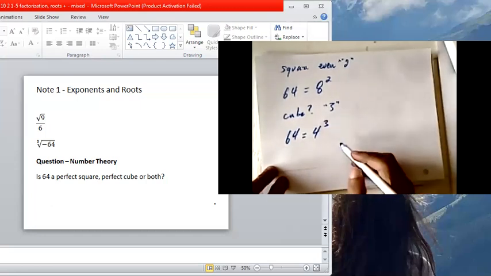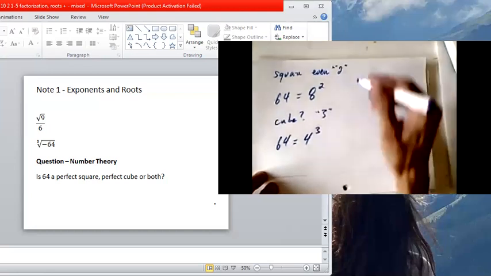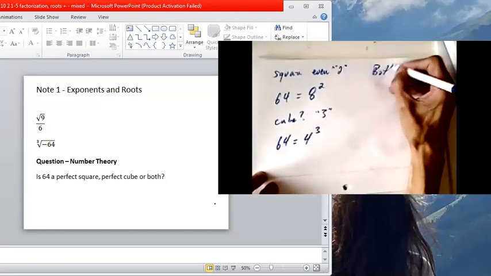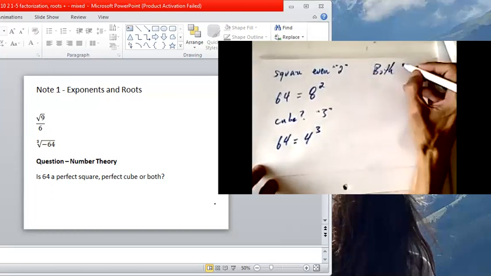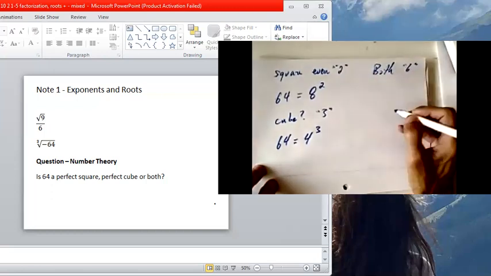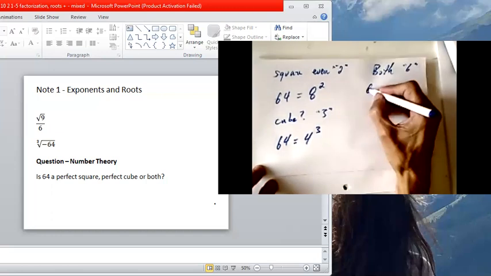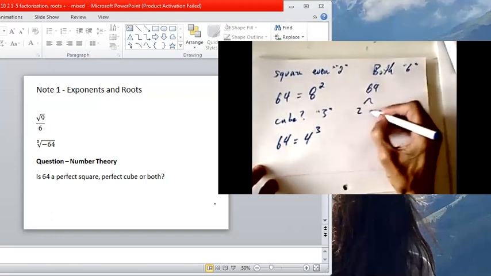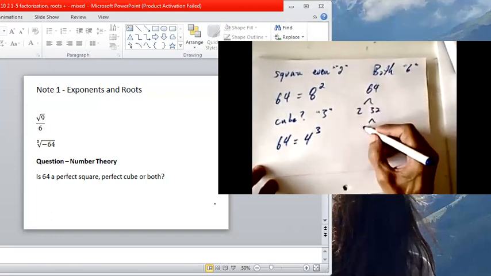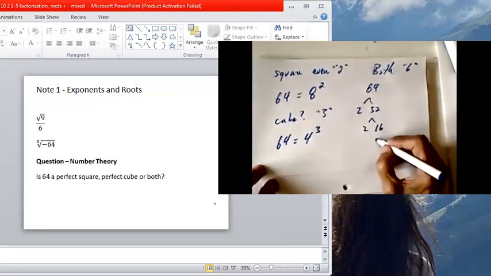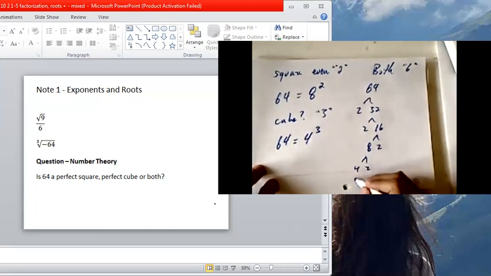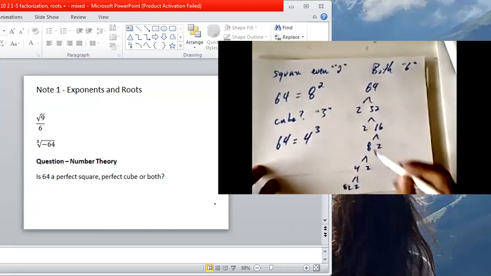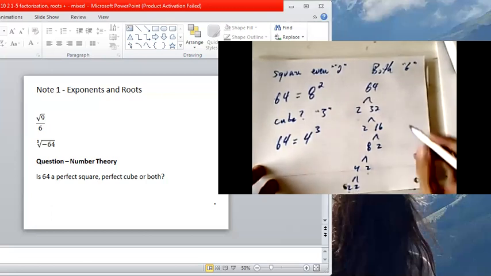Now, can it be both? Yes, it can be. Because remember, both means it has to be a multiple of 2 and 3, which means it has to be a multiple of 6. Well, if you do the factor tree that we talked about earlier, but never did, you can see pretty quick that we get 1, 2, 3, 4, 5, 6 2's.